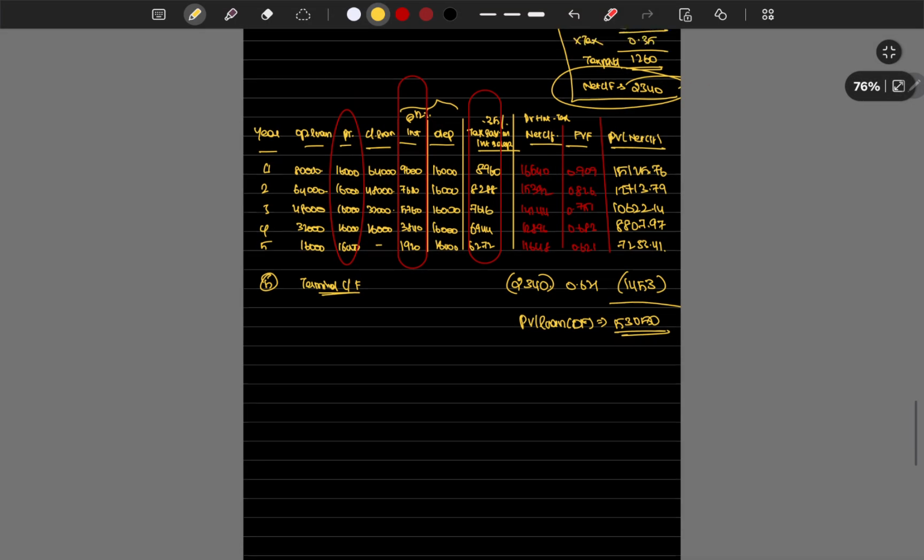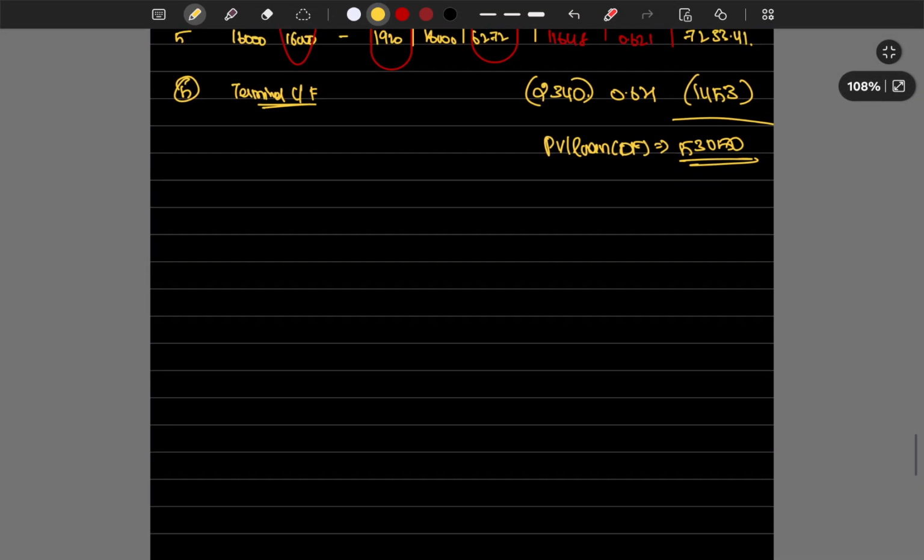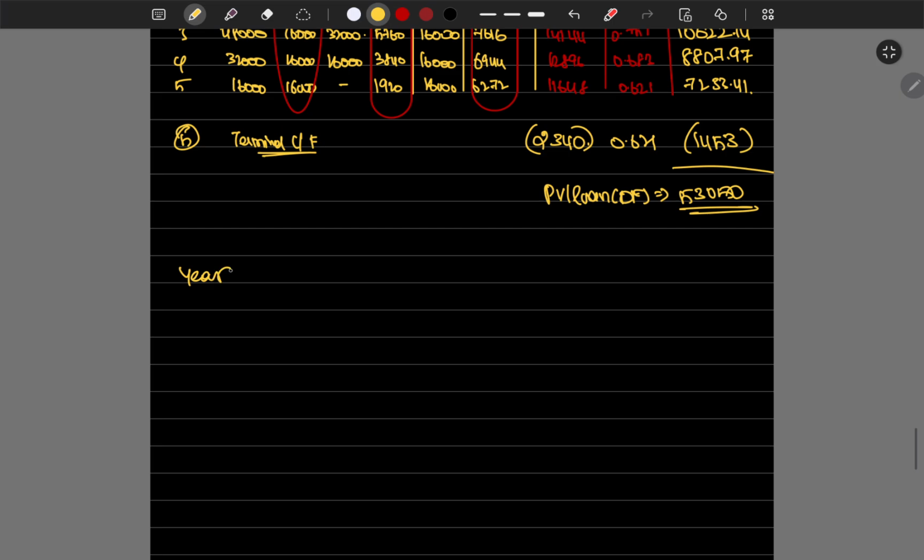The same thing we have to do for the lease structure. We'll build lease rentals, then tax savings. Lease rentals are the cash outflow, tax savings are the cash inflow, and net cash outflow is cash outflow minus cash inflow. Then PV factor, PV of net cash flow.